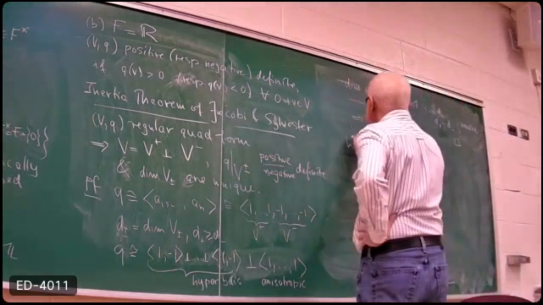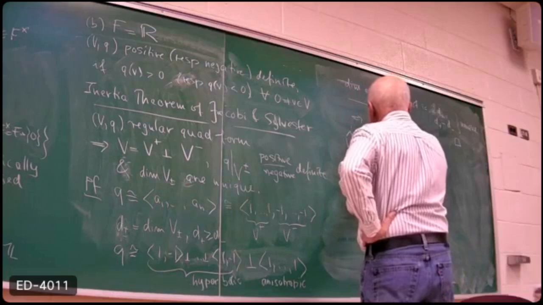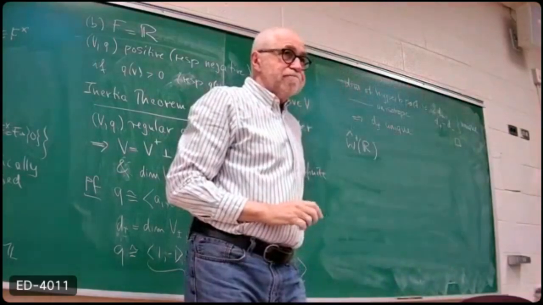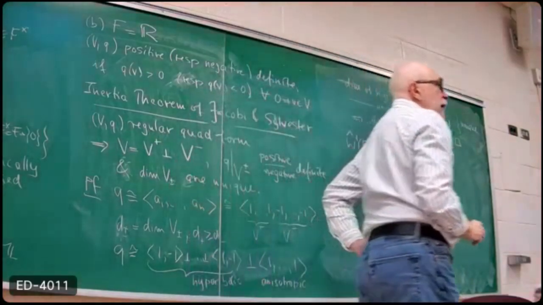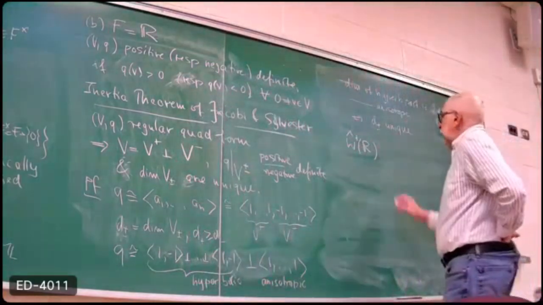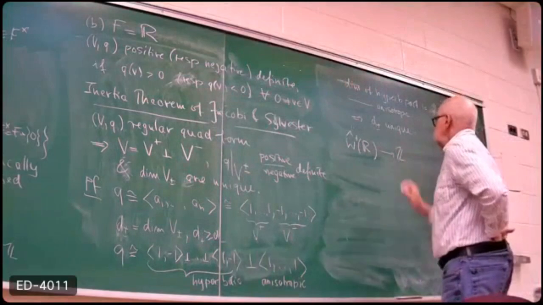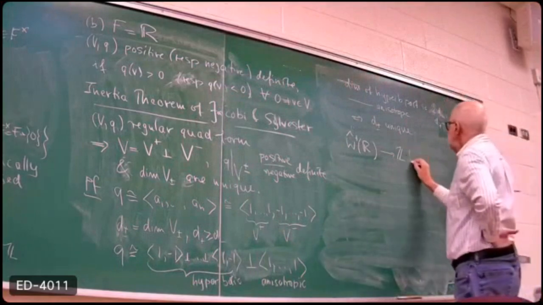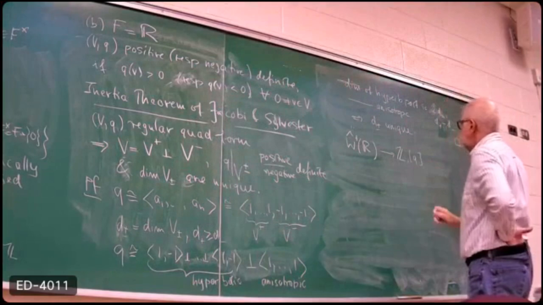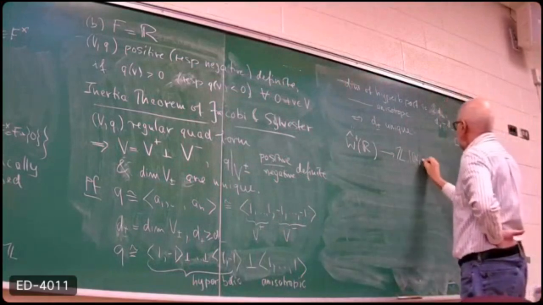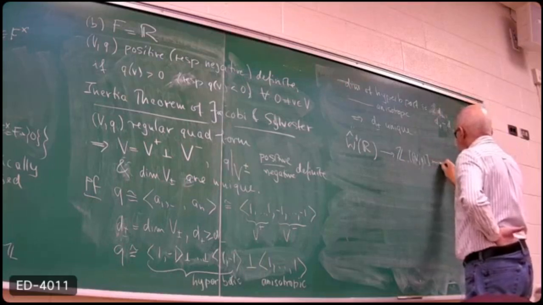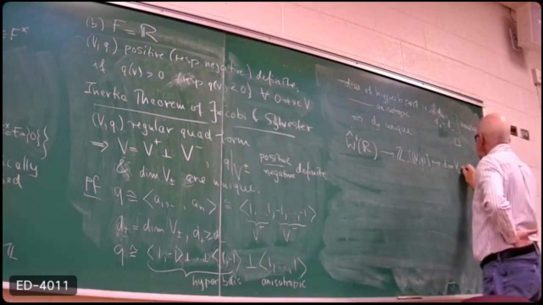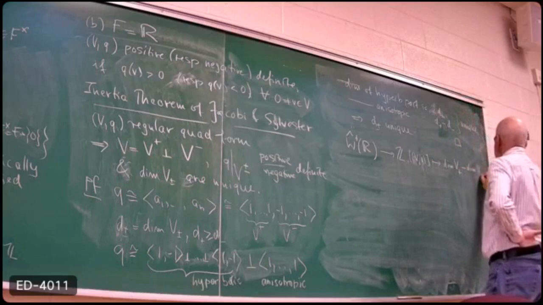Now, consider the set of isometry classes of regular quadratic forms over a field. Then I can define a map into the integers, and it sends a form to dimension plus minus dimension minus.